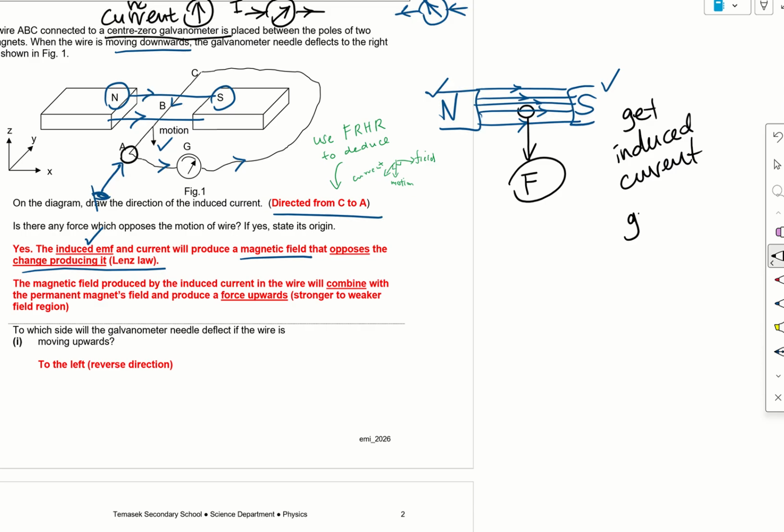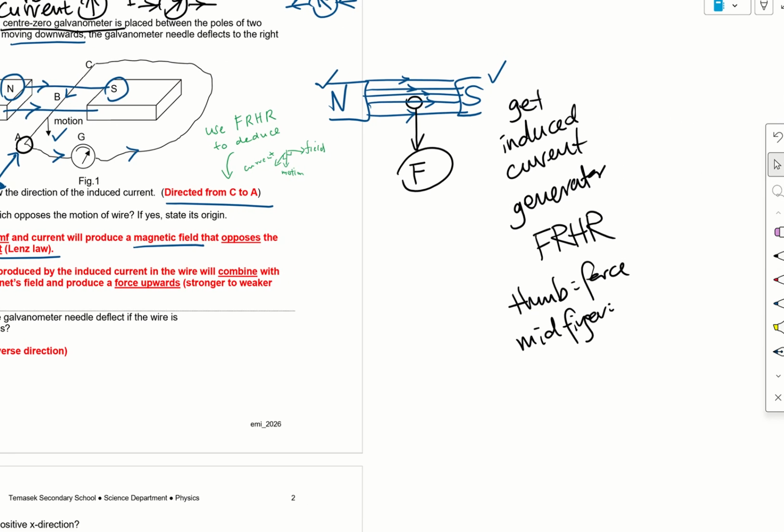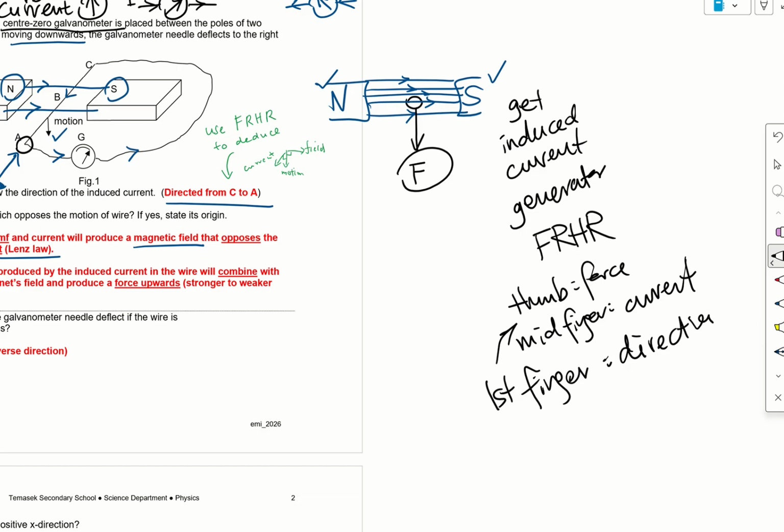So this is a generator, and if it's a generator, we need to use Fleming's right hand rule, where the thumb represents the force, the middle finger represents the current, and the first finger represents the direction of the external magnetic field.